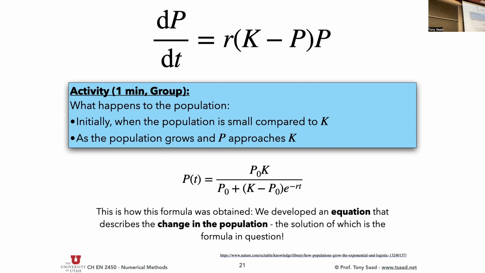So if you take the formula, plug in some numbers in it, it's going to give you a number. The solution to an ODE is a formula, which you subsequently use to get numbers and do predictions.